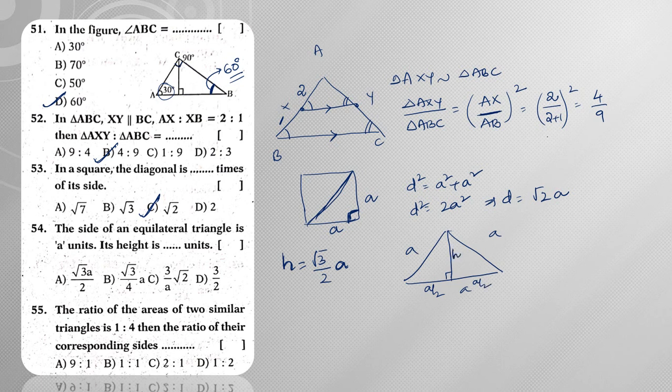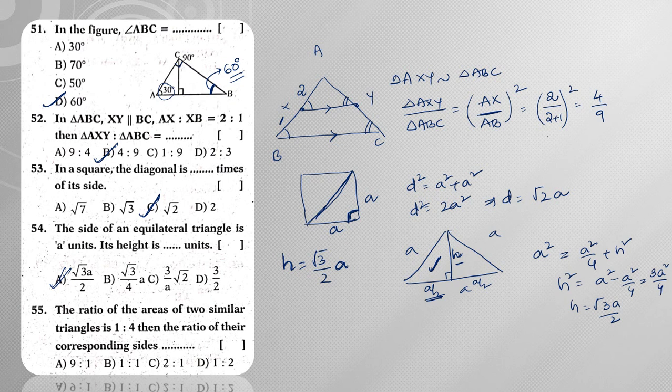Now if you want to find the height, you can apply the Pythagoras theorem through this triangle. From that, hypotenuse square is equal to side square plus side square, so A square equals A by 2 whole square plus H square. Now on transposing, H square is equal to A square minus A square by 4, which is nothing but 3A square by 4. So from this, H is equal to root 3 A by 2. Likewise we can prove it. So the answer is root 3 A by 2.